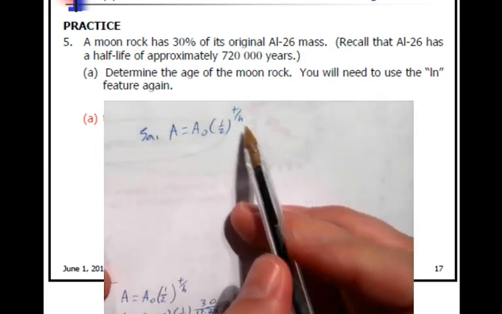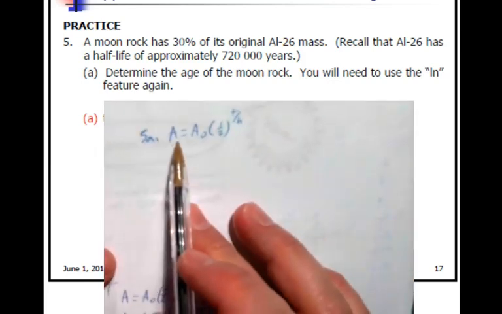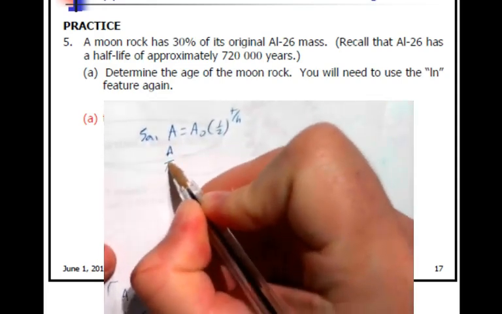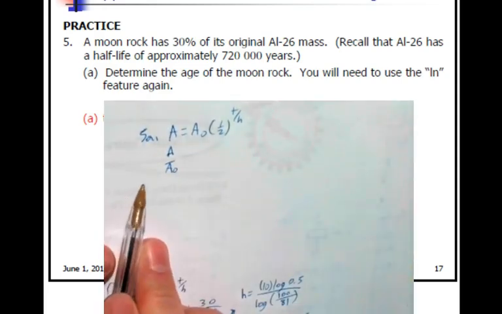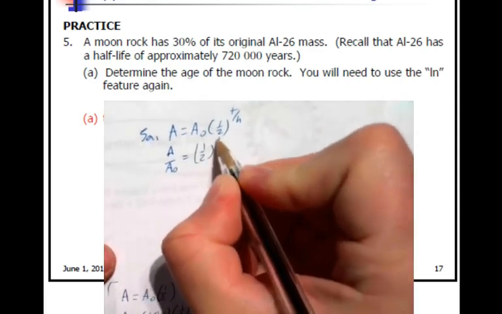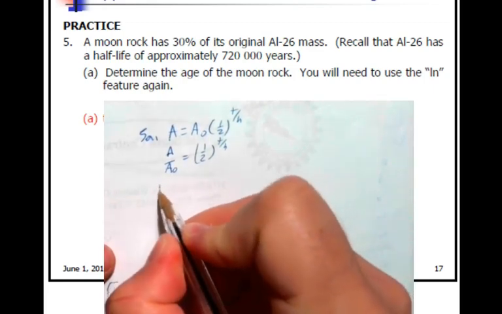We know the H this time. Now they say 30% of its original mass, so that means that the A over A naught is 30%. We'll take log of both sides.